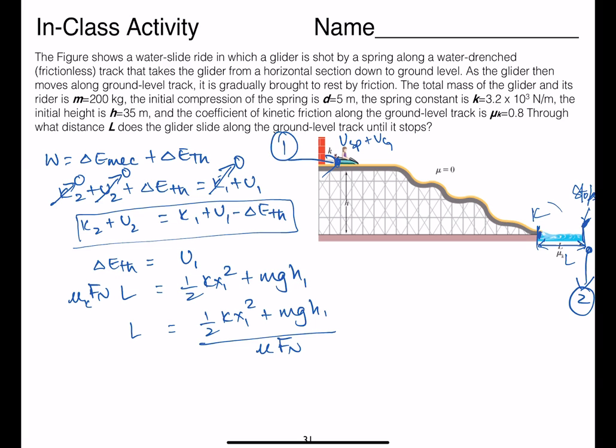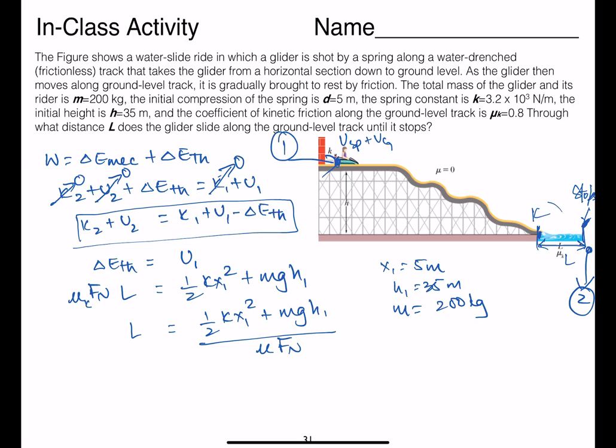X1 is given to us. Yes, spring compression is 5 meters, so x1 equals 5 meters. Height 1 equals 35 meters. Mass of a person is 200 kilograms.